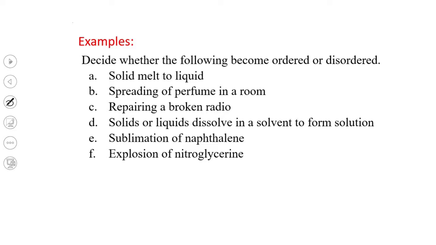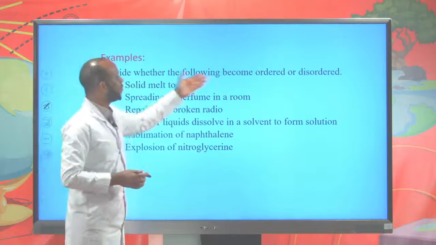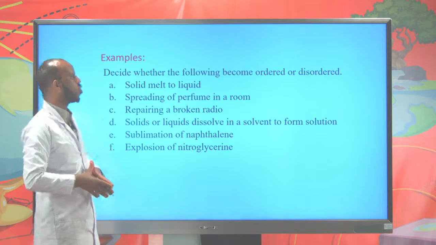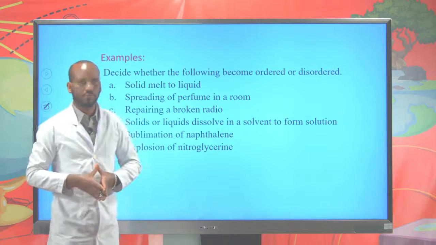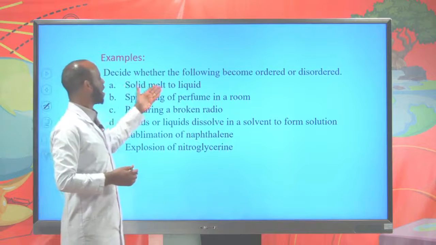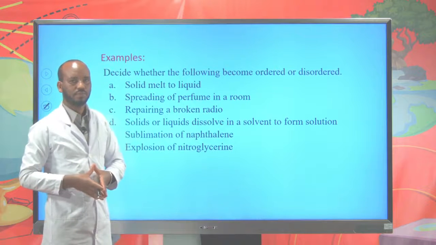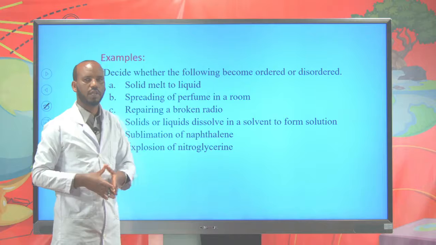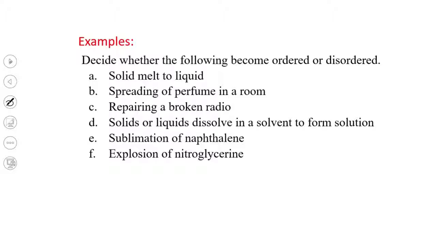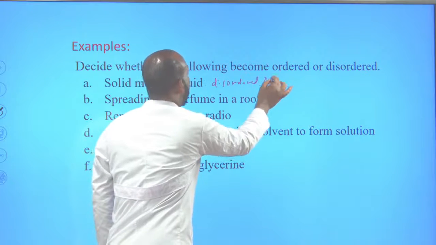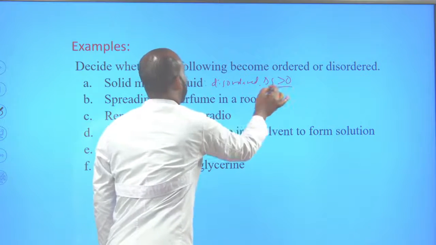Examples: decide whether the following becomes ordered or disordered. A. Solids melt to liquid. This process is disordered. Therefore, the change in entropy delta S is greater than 0.